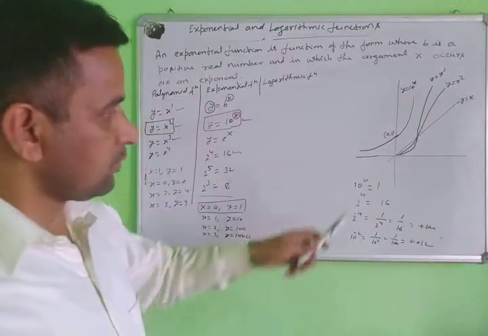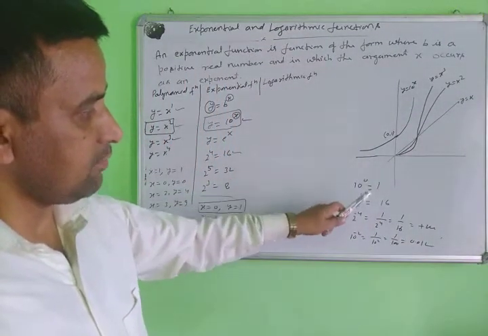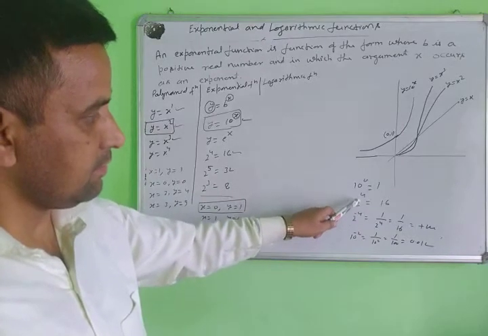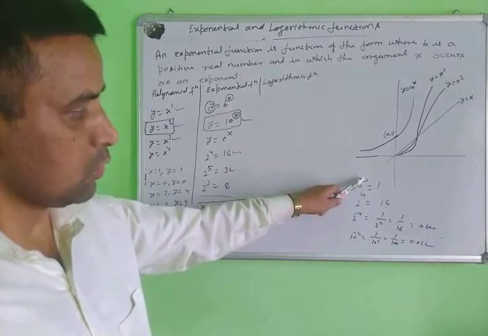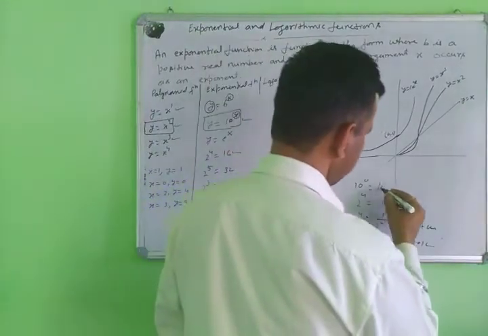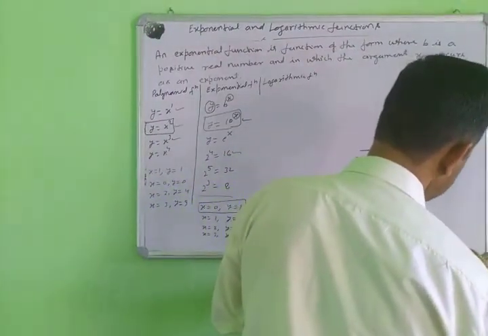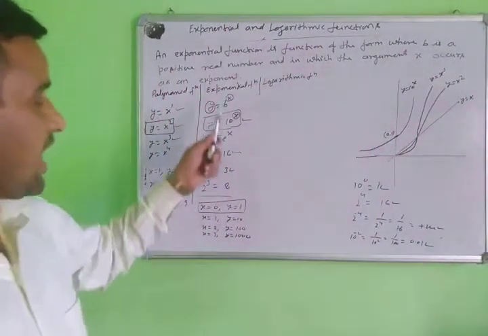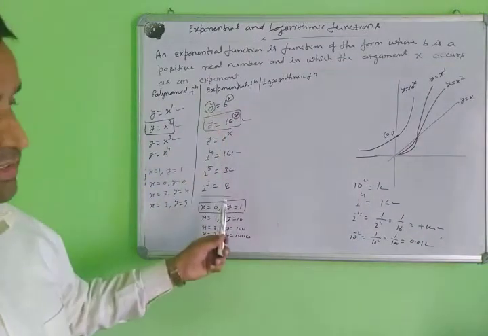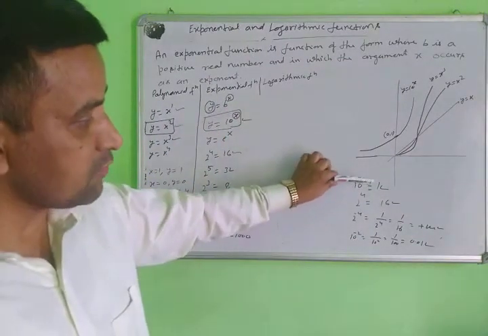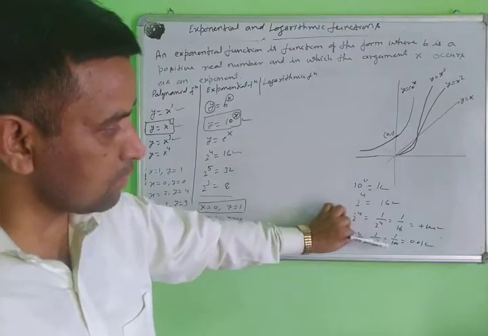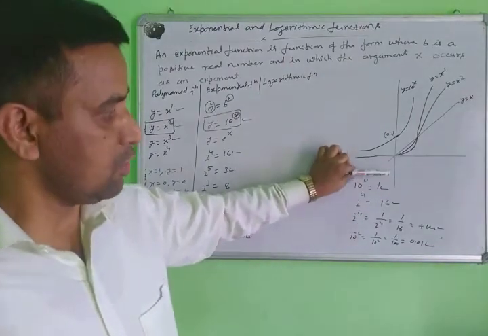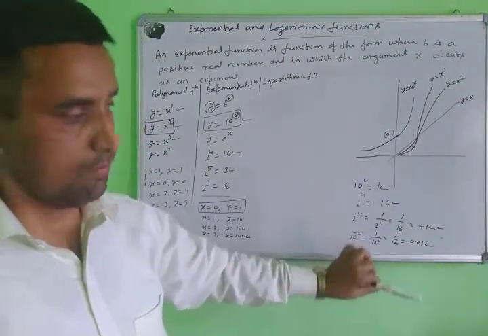So suppose we are putting the value as negative, positive, negative, positive and 0 also. The value always comes in positive form. This will not come in the negative. It means in the exponential function, the value of y always comes in the positive form, not negative.